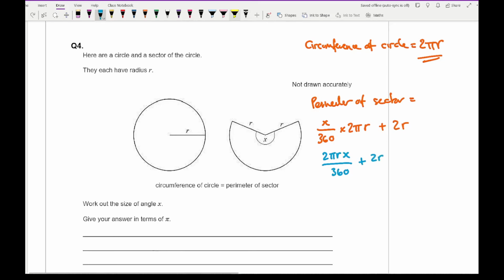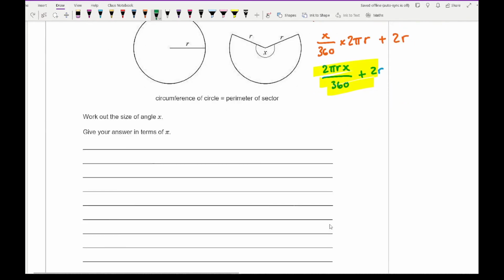Now what I then need to do is make this equal to this. So here I've got 2 pi rx over 360 plus 2r equals 2 pi r.